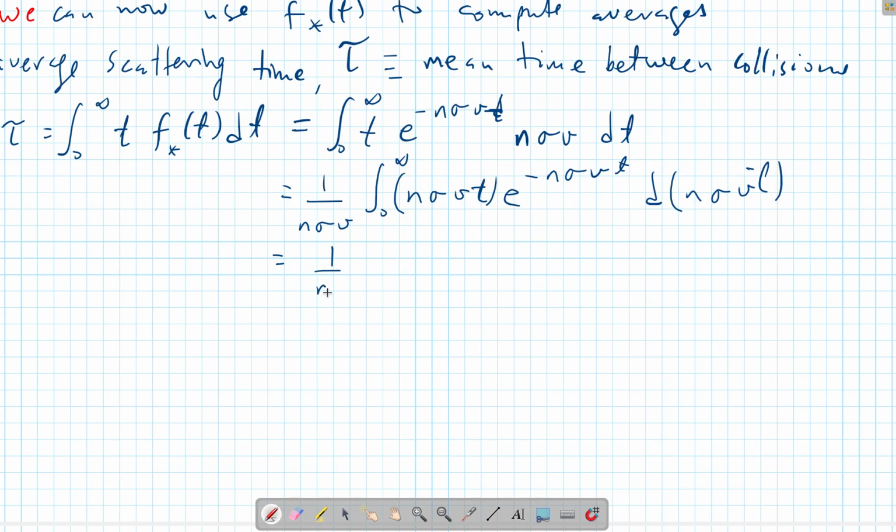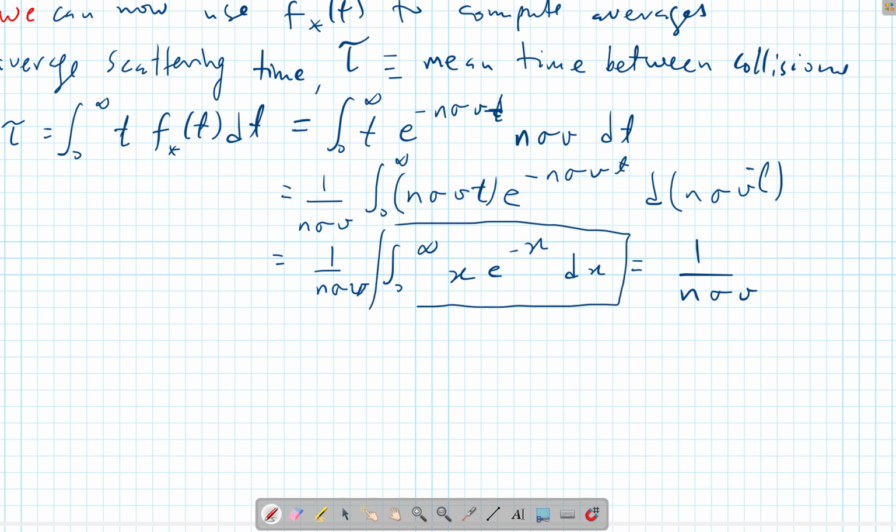Let's say this is 1 over n sigma v, integration 0 to infinity of x e to the minus x dx, which is 1 over n sigma v, because the integration is going to be equal to 1 factorial, which is equal to 1.